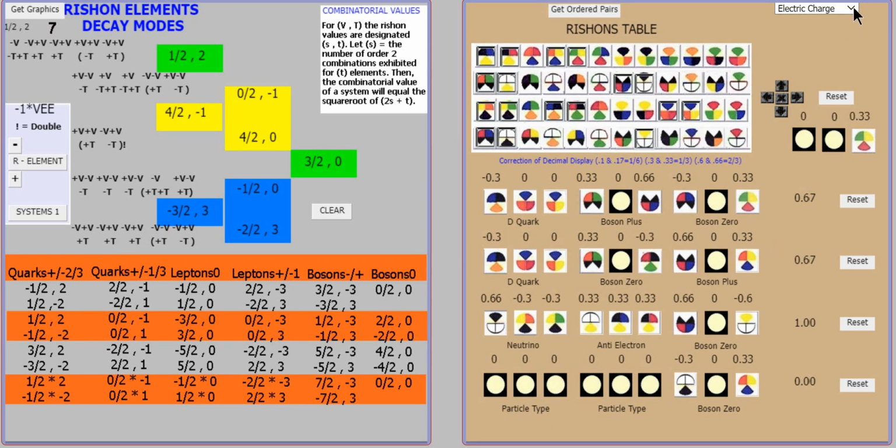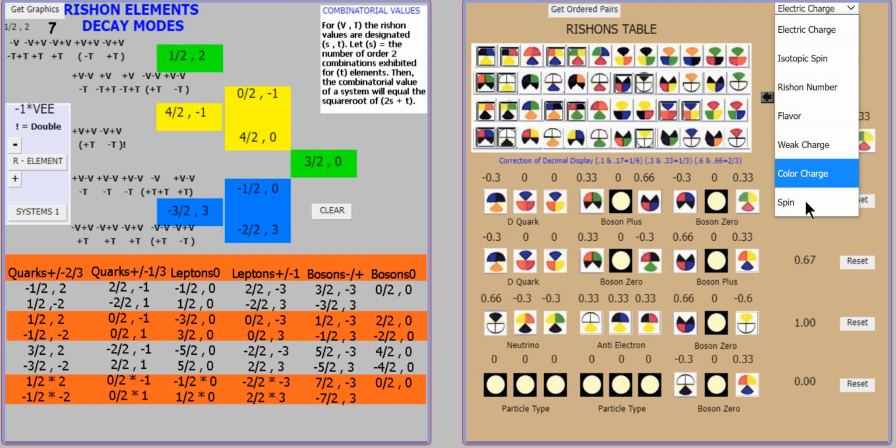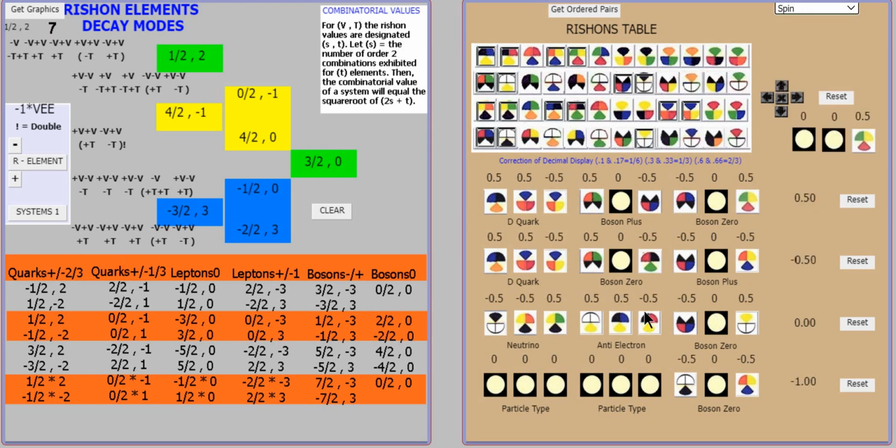Let's look at the spin. And so the spin of the D quark continues to be plus 1/2, but with the boson 0 that makes no contribution to spin, this gives the B quark a total spin of plus 1/2.